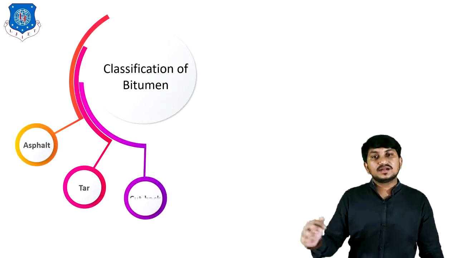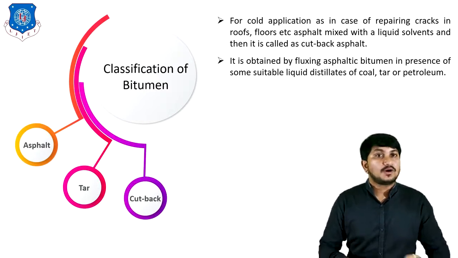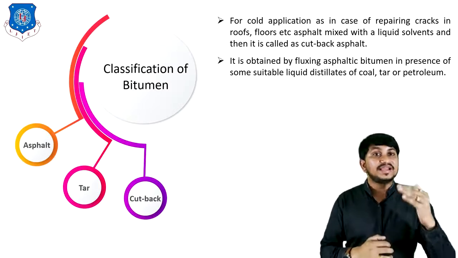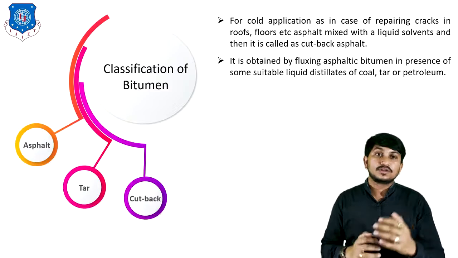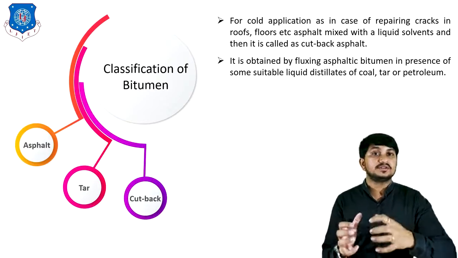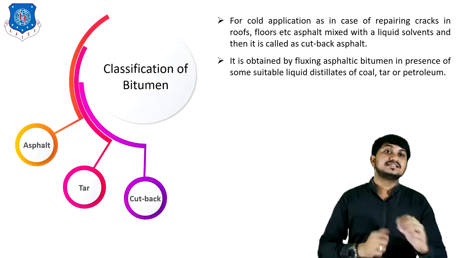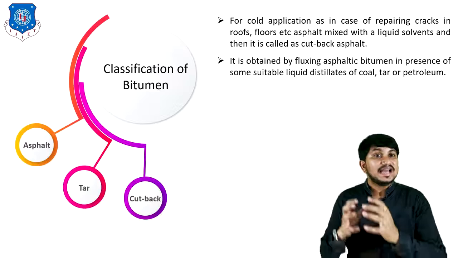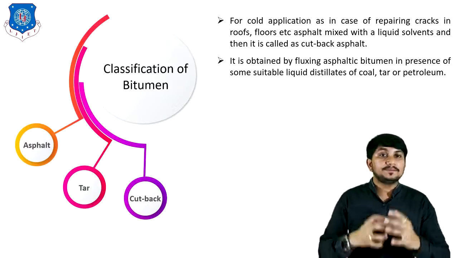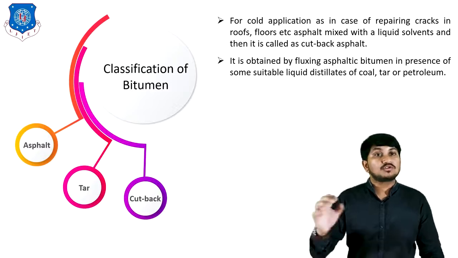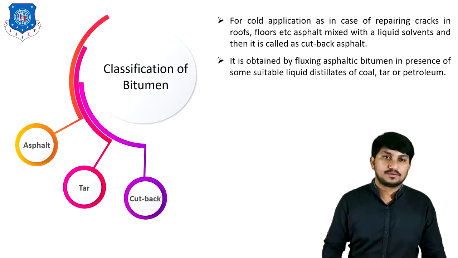Third is cutback. For cold application of bitumen in case of repairing cracks in roofs, floors, etc., asphalt mixed with liquid solvent is called as cut-back asphalt. It is obtained by flushing asphaltic bitumen in presence of some suitable liquid distillants of coal, tar or petroleum.